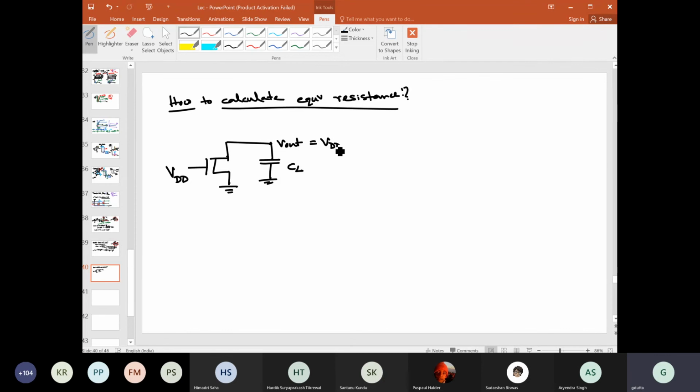Now the question is, fall till what part? Earlier the output voltage was VDD. As per the definition of propagation delay, we are interested in the point till VDD by 2. So we have to consider the resistance offered by this MOSFET when the output voltage changes from VDD to VDD by 2.